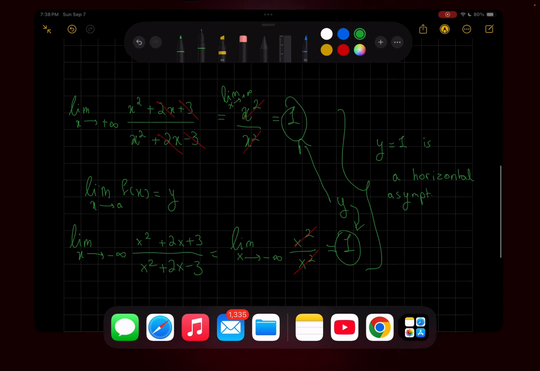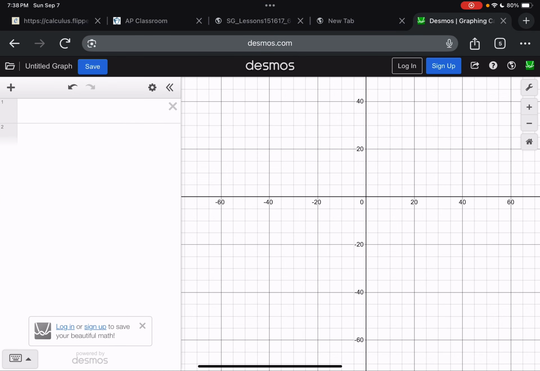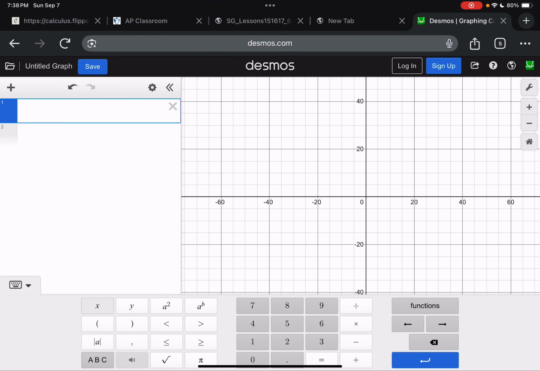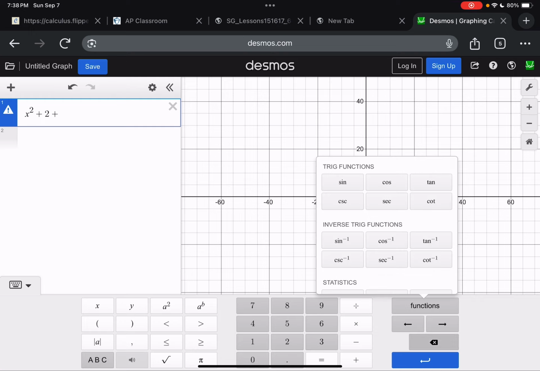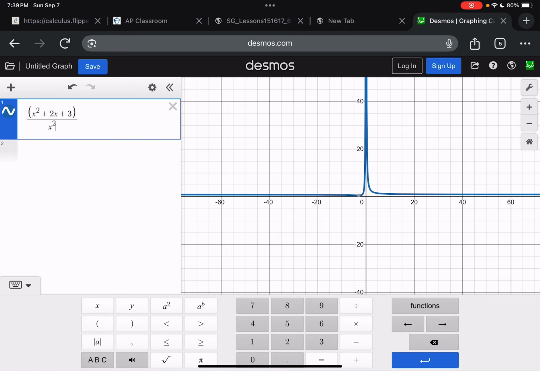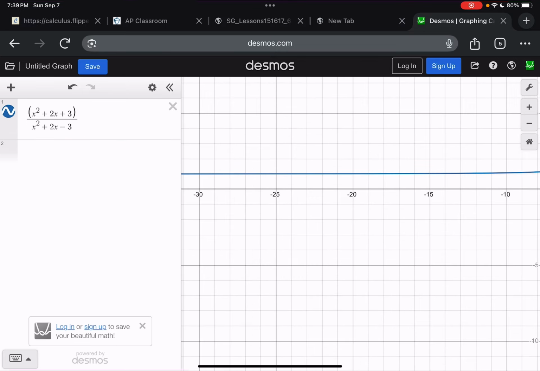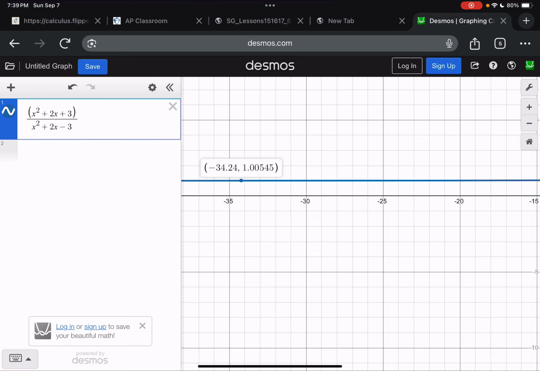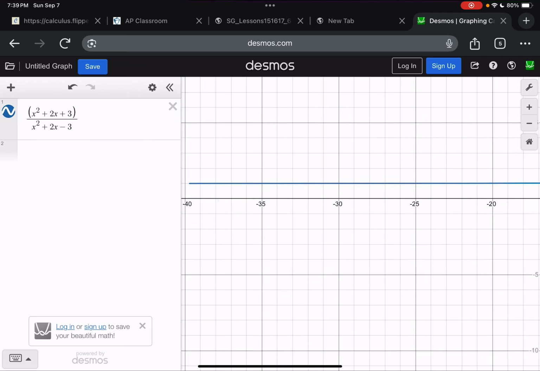I will show you this function over here. It was x squared plus 2x plus 3 over x squared plus 2x minus 3. Notice over here the horizontal asymptote, y is equal to 1: the function is not even touching 1 in the y value.